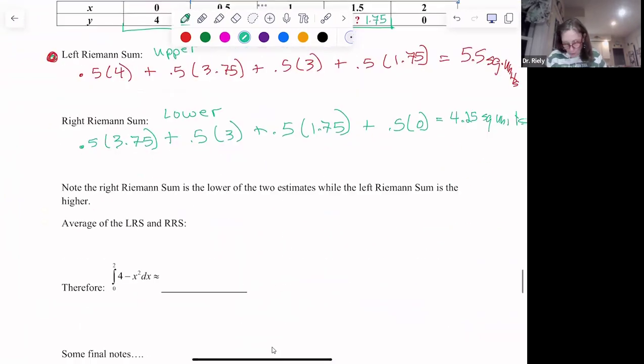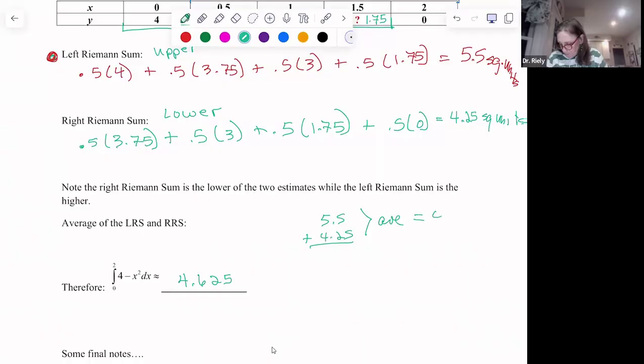Then you can go ahead and average those, because if you're going to give an approximation, you want to have the average. So that's going to be approximately 4.625, because I took 5.5 plus the 4.25, and then I took the average of those. And these are square units.